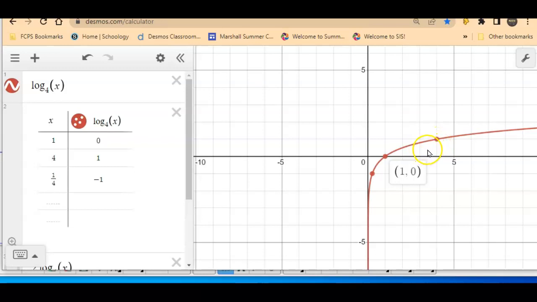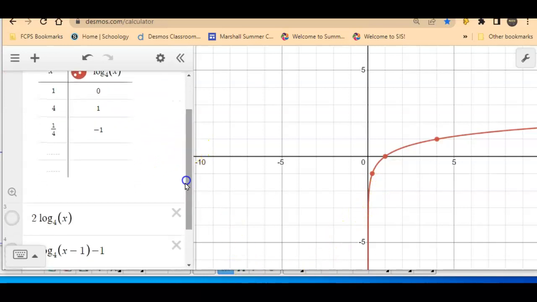The x stays the same, but the output increases by a factor of 2. So if I multiply this point by 2, it should be up here, and this one, the negative 1, should get smaller. So here's my multiplier of 2. Let's see what that looks like.